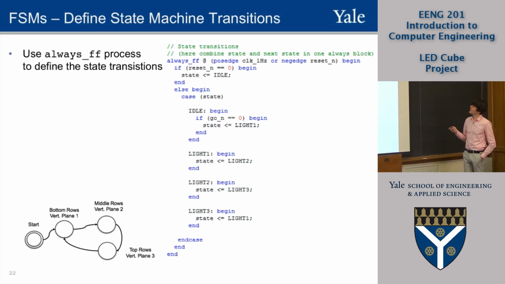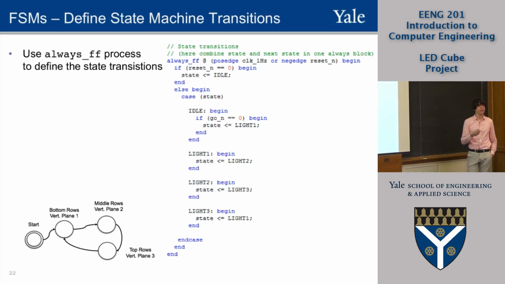The always_ff is sensitive to the positive edge of the clock or the negative edge of the reset. So there are 2 inputs to the state machine. There's a clock, so pretty much every state machine will have a clock. In each clock edge, your state machine will do something interesting. And we have a reset signal.